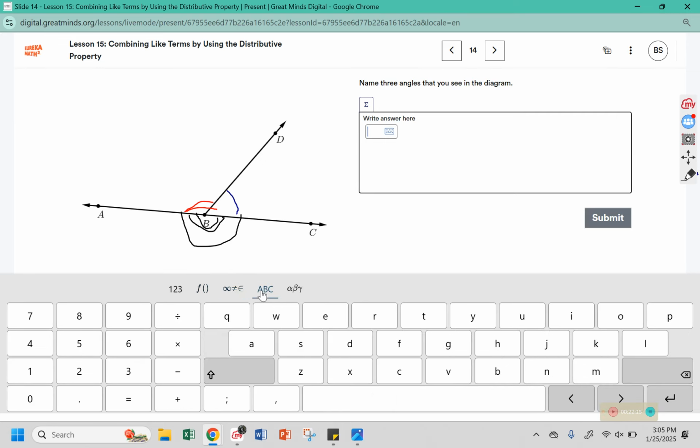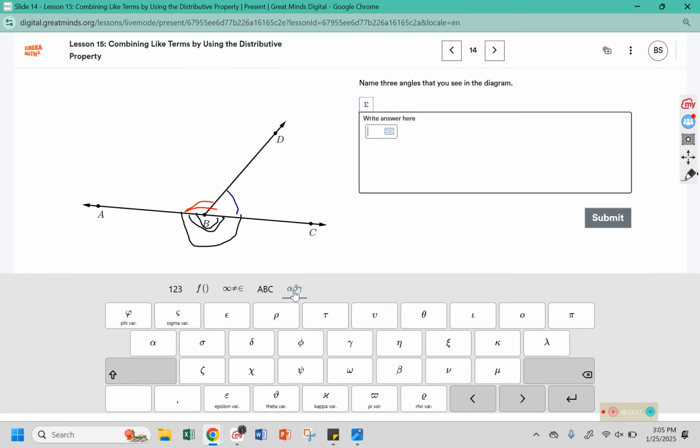I'm not seeing it in the thing here, so we can just hit the slash, the / angle, and it'll pop up with that symbol. And we want to call it DBC.